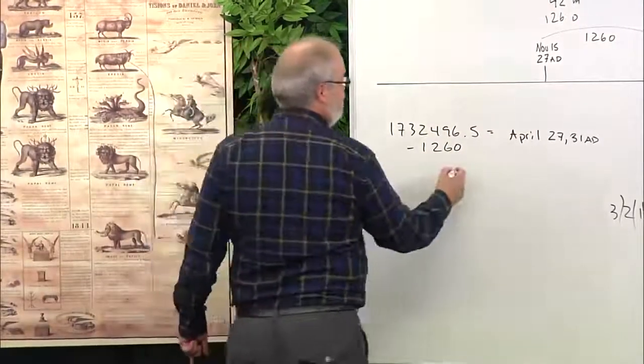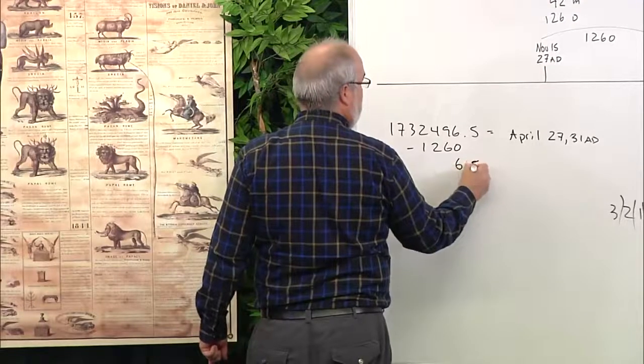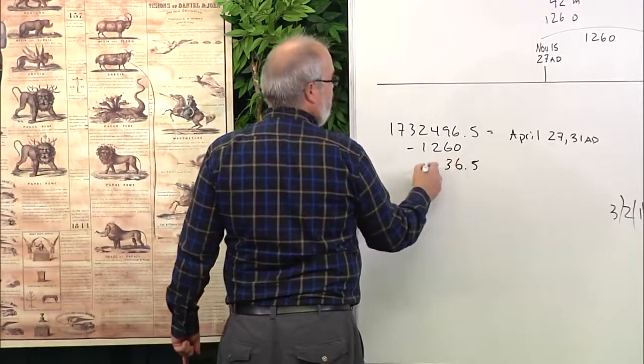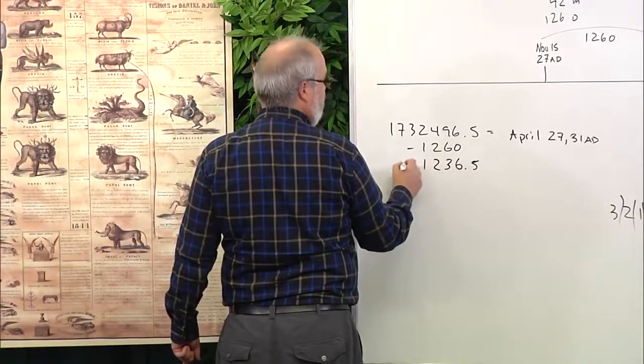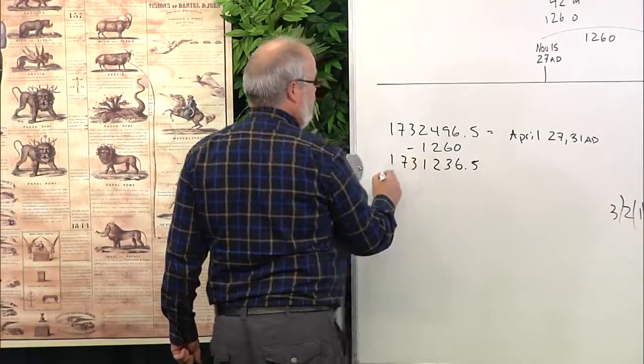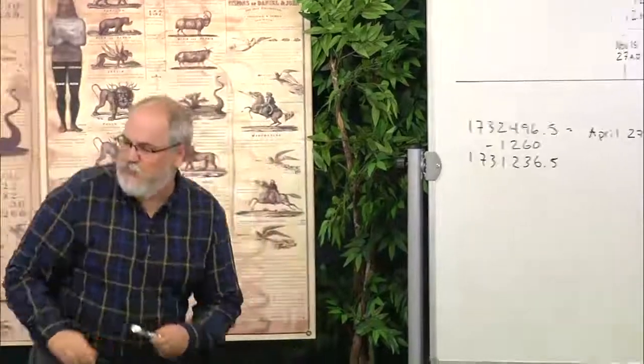So 6 minus 0 is 6. 9 minus 6 is 3. 4 minus 2 is 2. 2 minus 1 is 1. 3. So when I put this number in my Julian day number, I find I get November 14th.